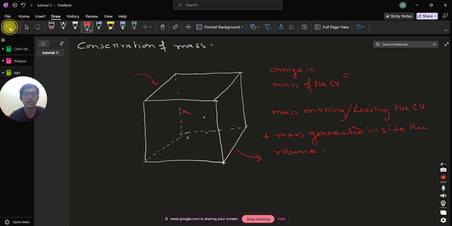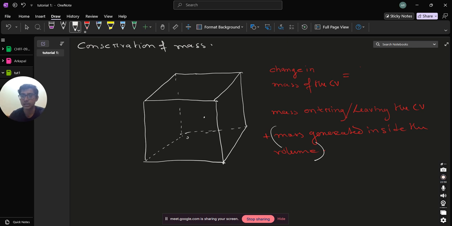But it's quite intuitive, and we generally know that mass cannot be generated or destroyed with ease at the scales that we are talking about. Mass can be generated out of energy, and energy can be generated out of mass in nuclear processes, but we are not concentrating on that.